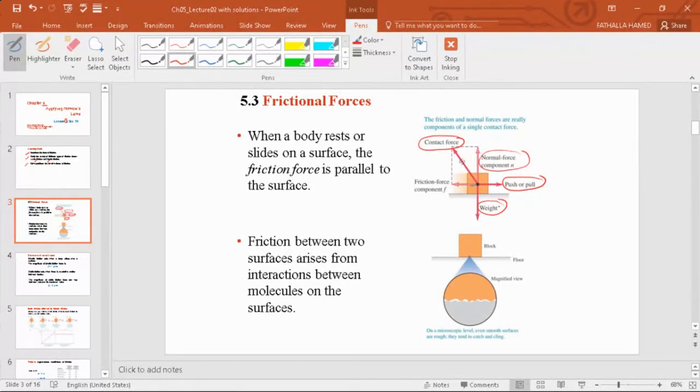Now, the supporting surface will push up with the normal force. But if you try to move the object, you will find a resistance. And that resistance happens because of the contact between the two surfaces. And that usually comes in friction, which we call friction force.